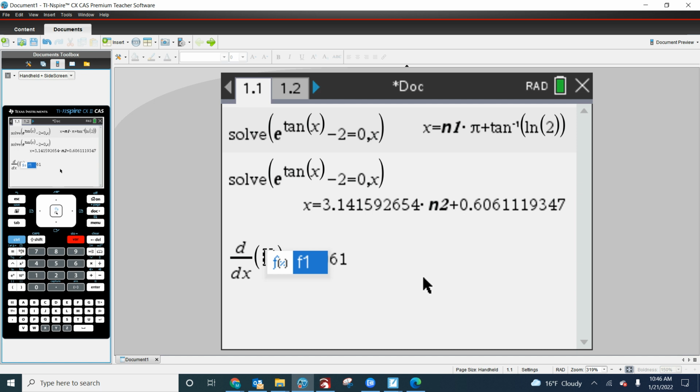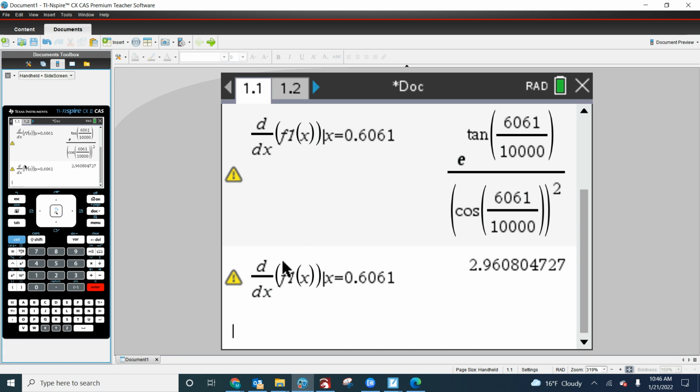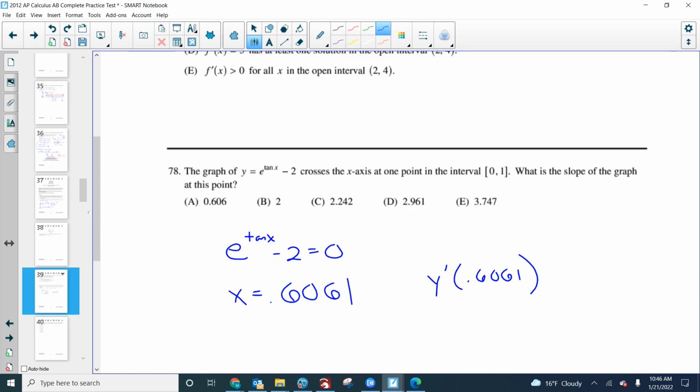If you have like 5 graphs open, you'll have like 5 options right here. Okay? F1 of x. Now, could I type it in again to be sure? Yes. All right. That's ugly. Decimal 2.961. Is that an option? 2.961 is an option.